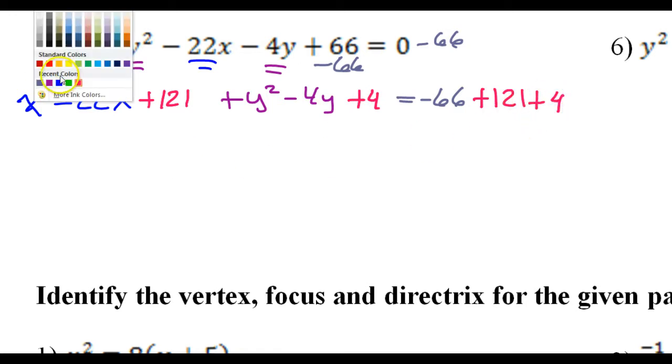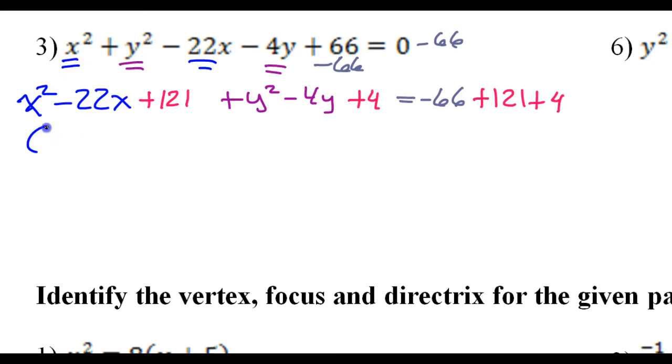Okay, now that I completed the square, this should factor as the same thing twice. It would be x minus 11 times x minus 11, because 11 times 11 is 121. Of course, the point of completing the square was so we could write it as (x minus 11) squared, like that.